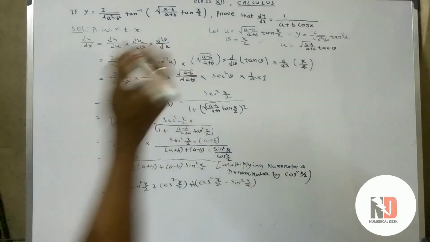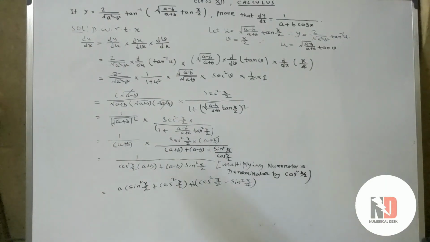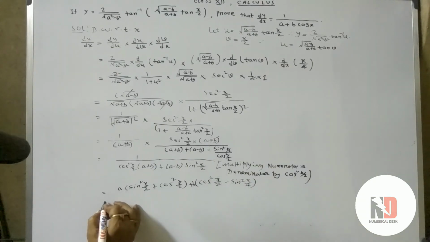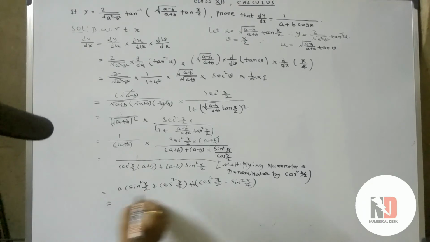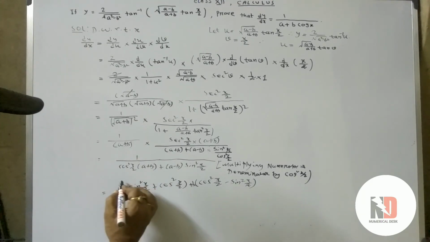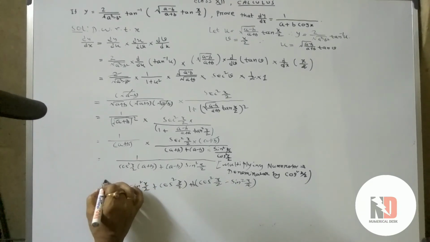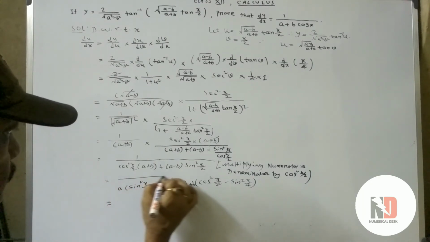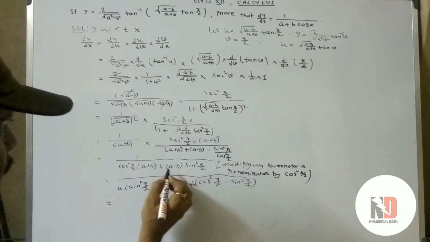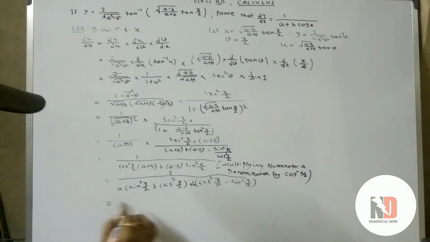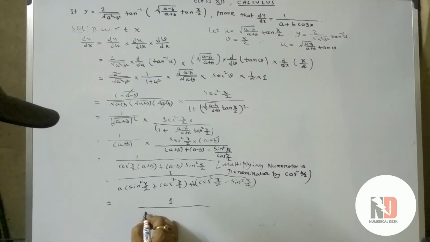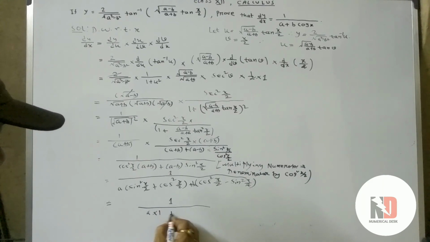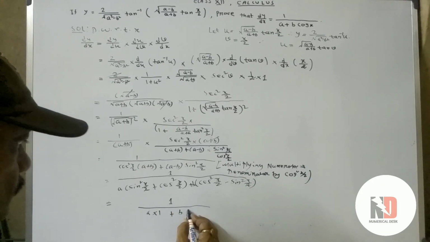Okay. Now one more line. So this whole thing is 1 by this actually. Now 1 by a into 1 plus cos x.